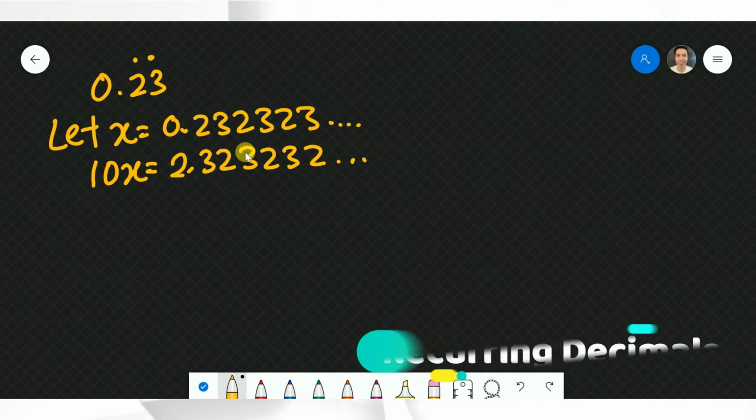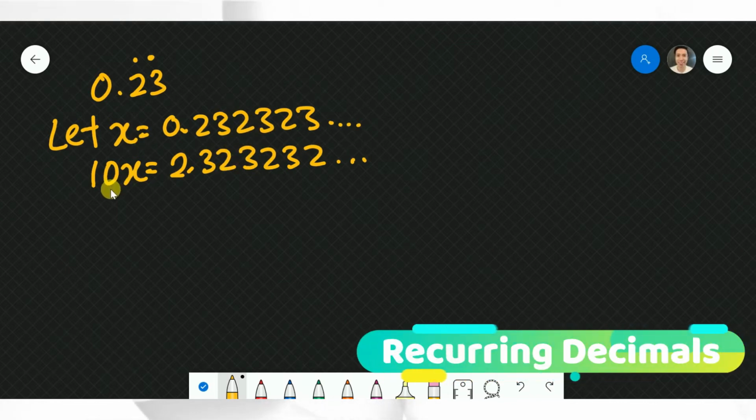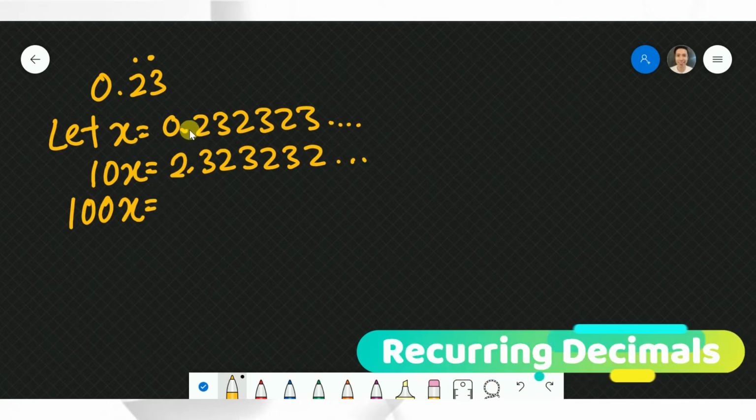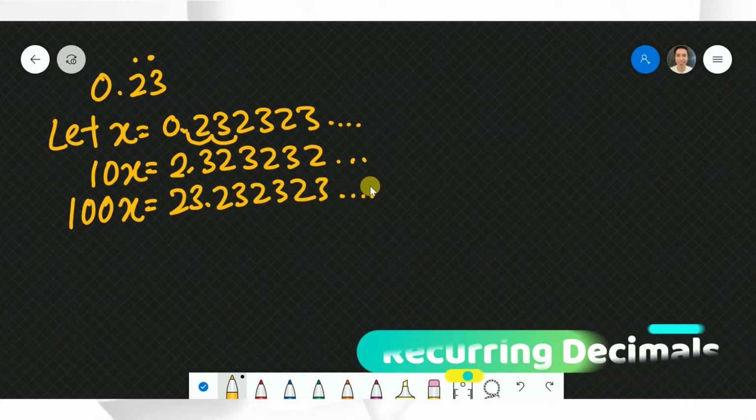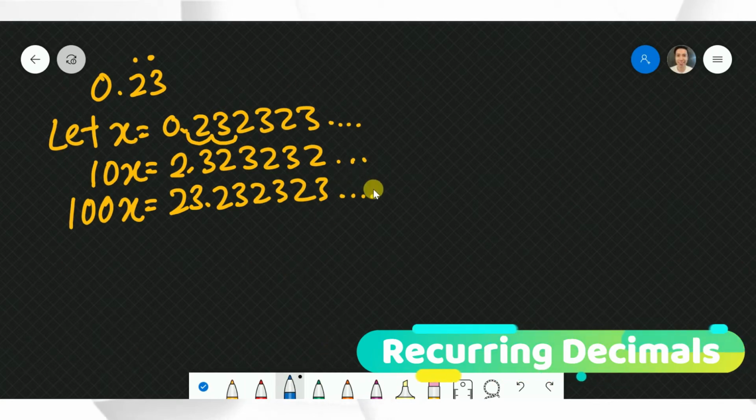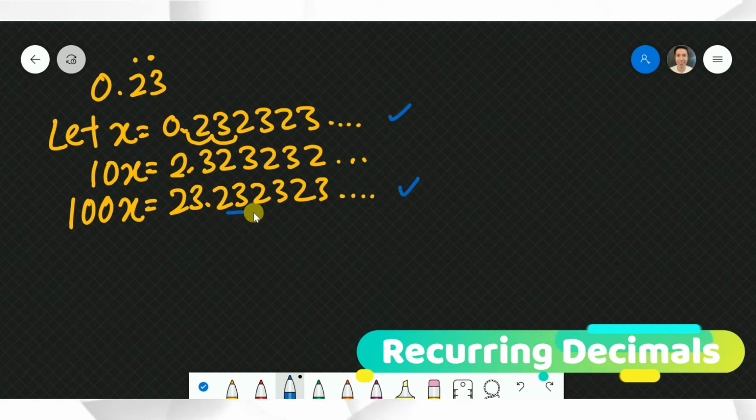So if we cannot make it to 0, next we need to find 100x. For 100x, we move the decimal place 2 to the right, so it becomes 23.232323 and so on, right? And from here we know that this equation has 232323 at the back, and the first equation we also have 232323 at the back.